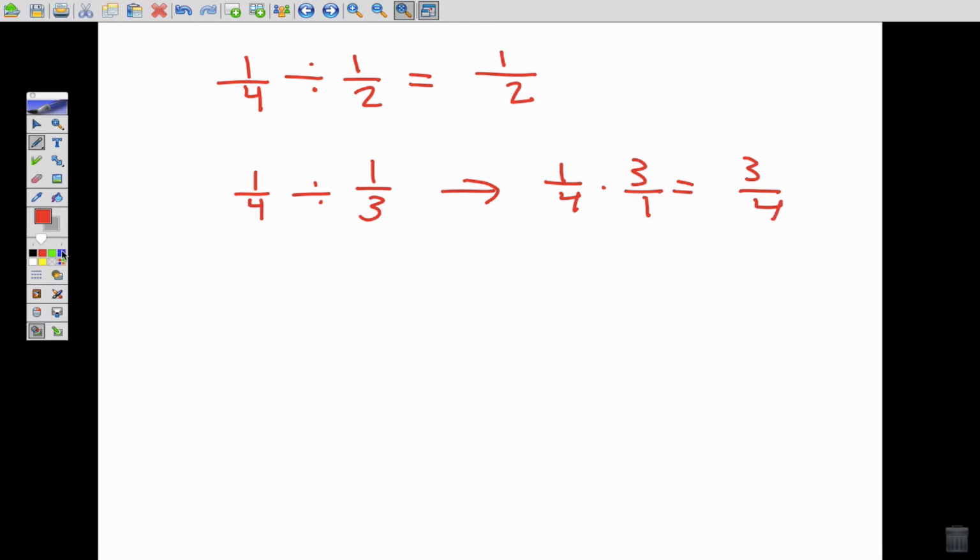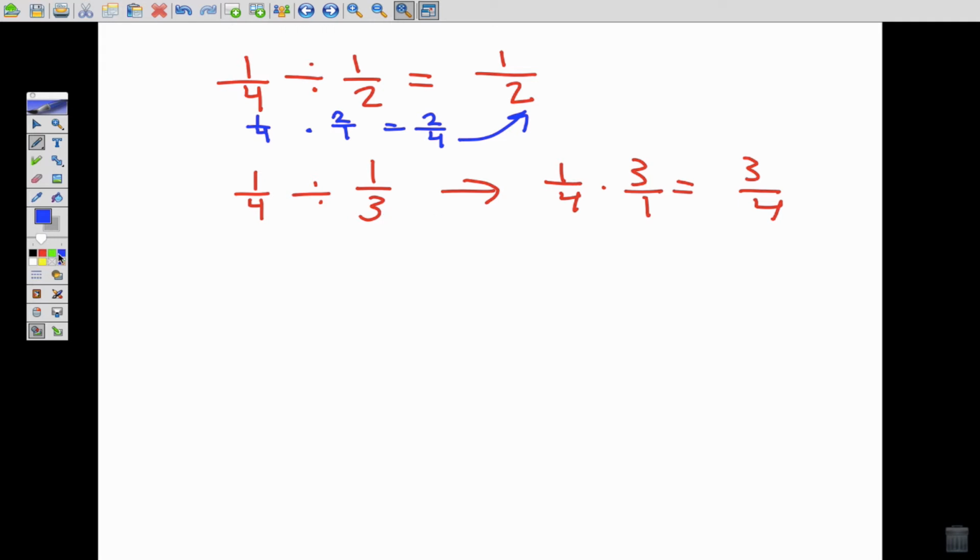Because what I didn't talk about up here is 1/4 divided by 1/2 is the same as 1/4 times its reciprocal of 2 over 1, 2/4, which is 1/2. So that trick of leaving the first one alone and then multiplying by the reciprocal is the process we learned to divide fractions.